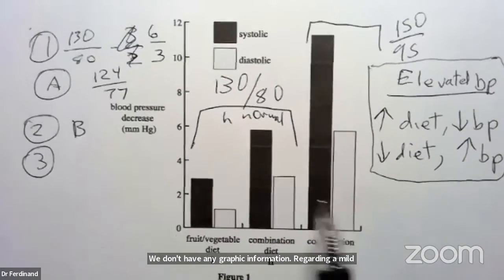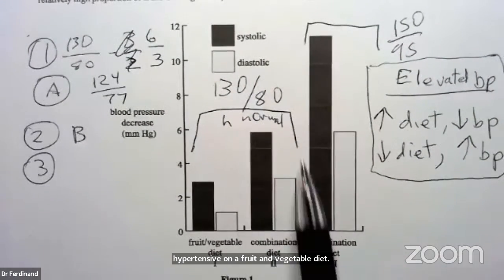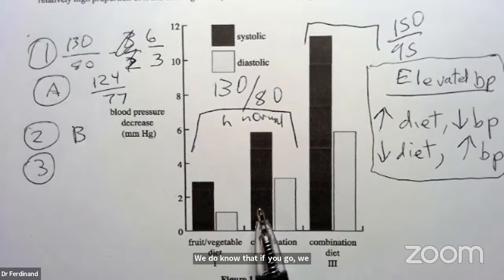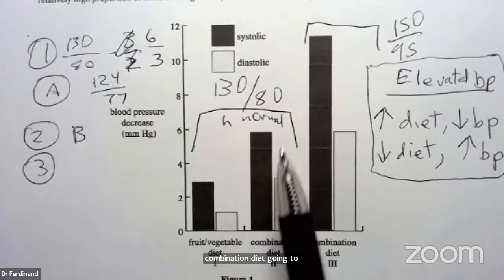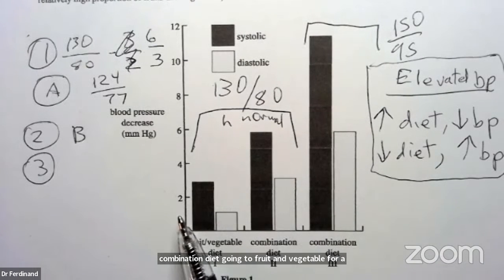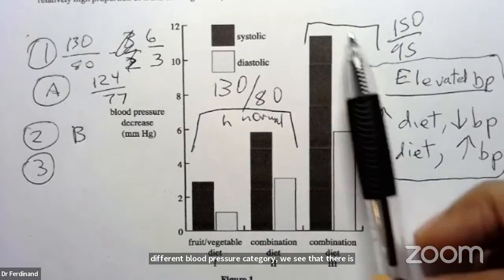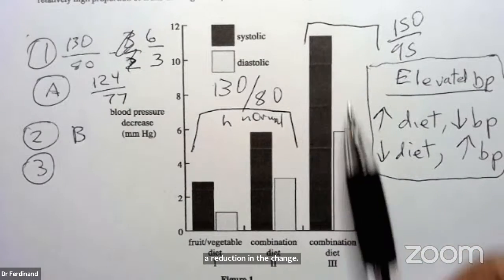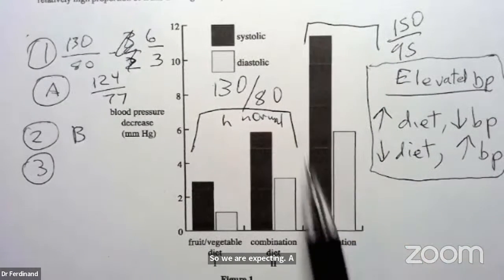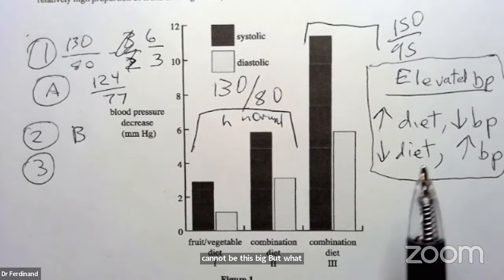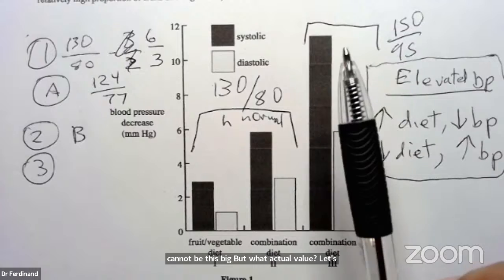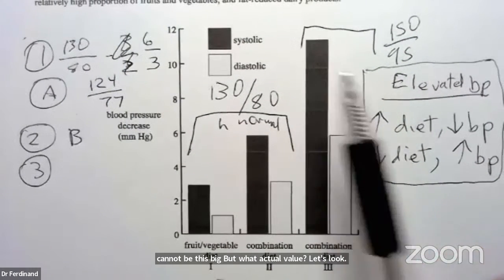We do know the trend that going from combination diet to fruit and vegetable for a different blood pressure category, we see that there is a reduction in the change. So we are expecting a reduction in the change. The change cannot be this big, but what actual value? The change must be less than this.